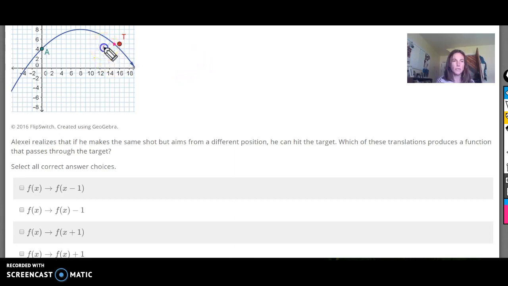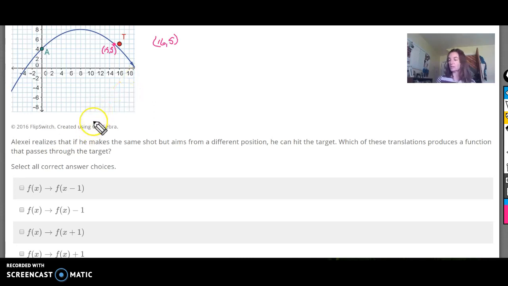So we can move our x values over to the right. But if you'll recall from this lesson, when you want to shift a function to the right, you have to subtract 1 from that x value. It's kind of a backwards way of getting at it.